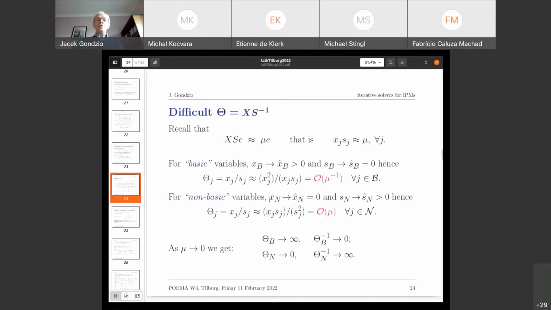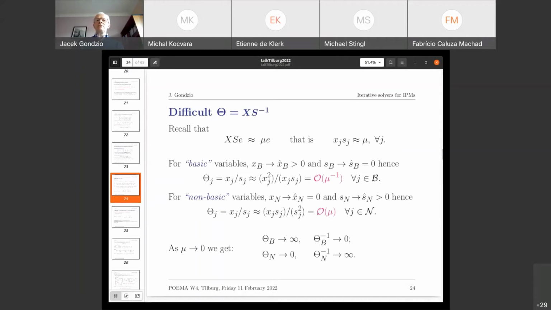On the other hand, for non-basic variables, we know that those are the variables which converge to 0 at optimality, but then the dual slacks will be strictly positive. And in such a case, Theta, which is x_j divided by s_j, we can now write in the form x_j s_j divided by something which is O of 1.